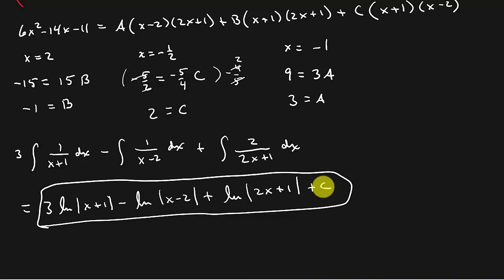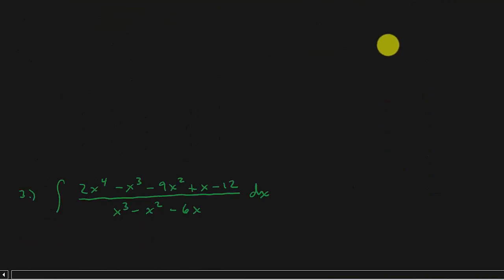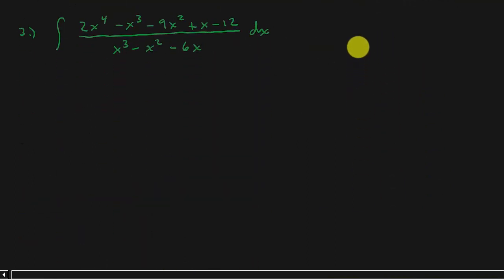All right, now let's look at the next example. Okay, now this is one thing I haven't said yet because it hasn't come up, but when you're doing partial fractions, the largest exponent in the denominator has to be larger than the largest exponent in the numerator.